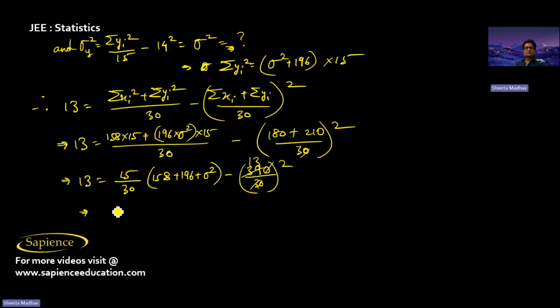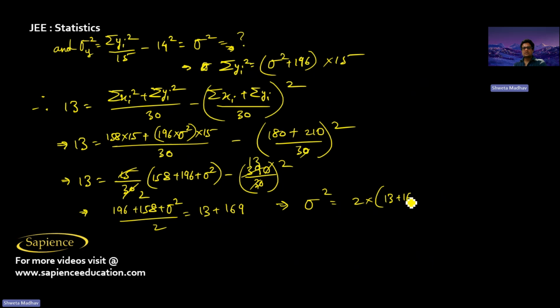Therefore, 15 twos are 30, so 196 plus 158 plus sigma square divided by 2 is equal to 13 plus 169. Which means sigma square will be 2 into 13 plus 169 minus 196 plus 158.